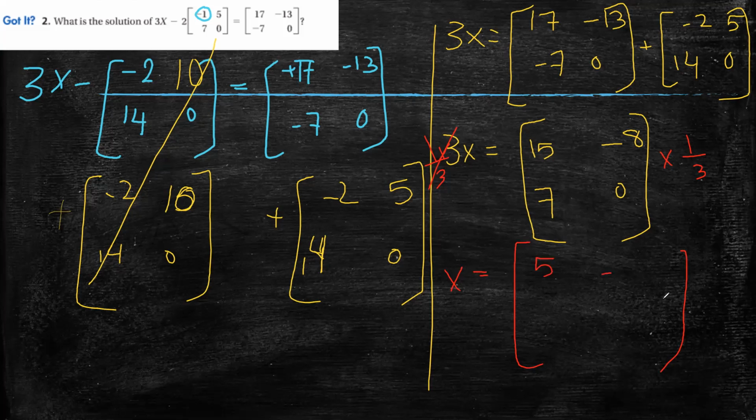One third times negative 8 is negative 8 over 3. One third times 7 is 7 over 3. And one third times 0 is 0. Is it clear? Yes, teacher.